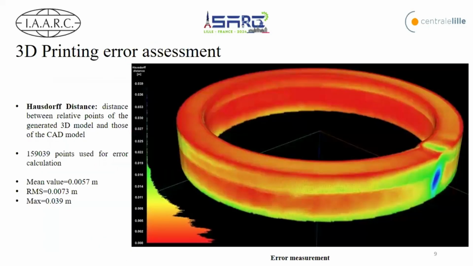To evaluate the error, we applied the Hausdorff distance function, which measures the distance between related points in the CAD model and the 3D reconstructed model. On the left side, you can see the error, or the distance between related points, in the form of a histogram.